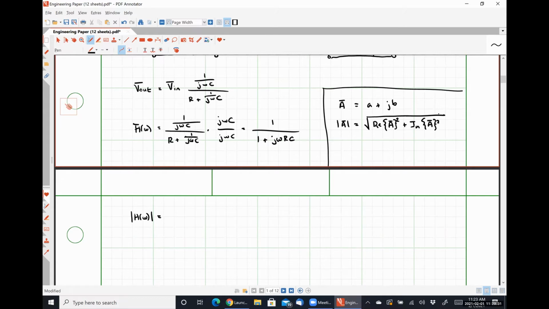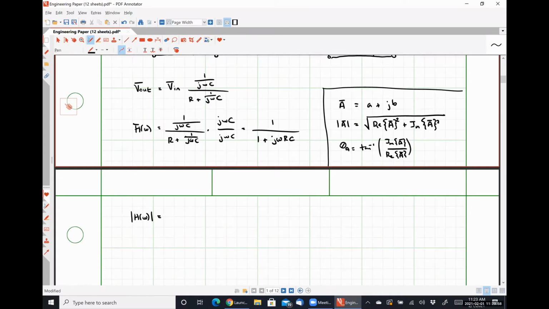And the phase angle is given by the arctangent of the imaginary part of A over the real part of A.